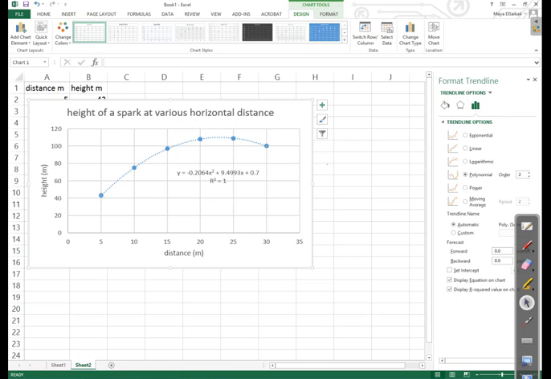So what you can do, if you want, is just estimate what it would be. At 23, it's about 119. Or what you can do is plug in 23 into X and find the answer. Since it's 23, I estimate that it's right here.